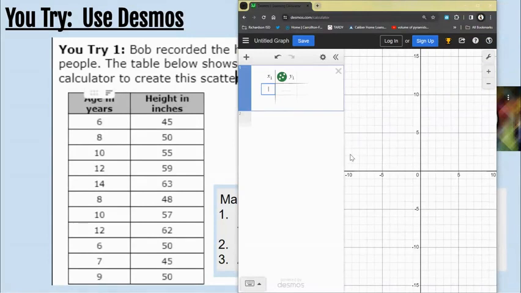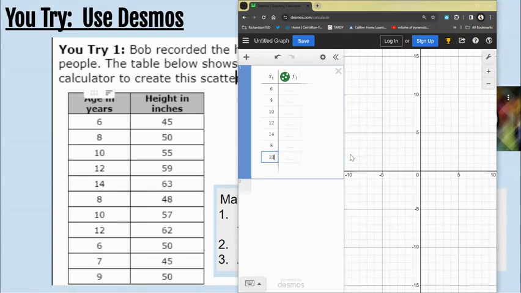And I'm going to enter in all this data. 6, 8, 10, 12, 14. This is going to be 8 again, 10, 12, 6, 7, and 9.